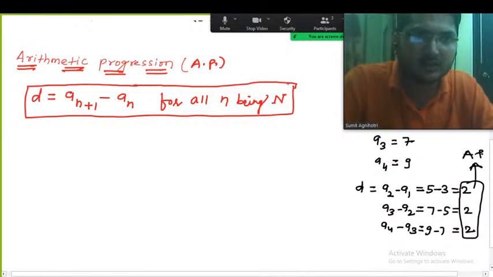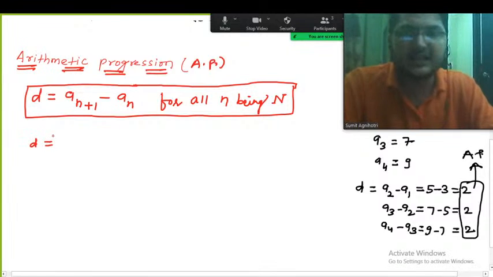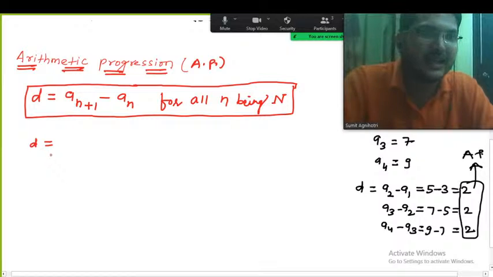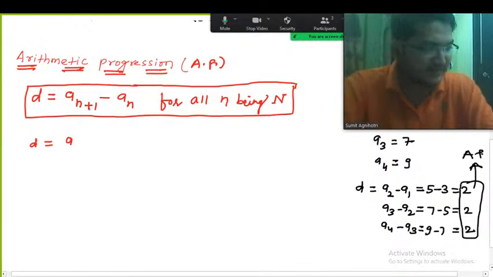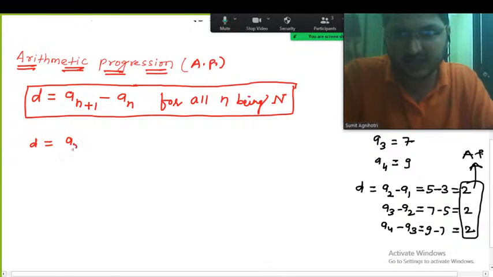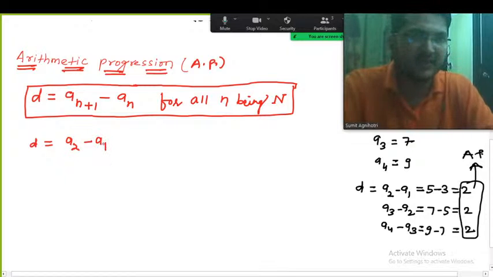Now, if you want to figure it out for some of the values, you can just substitute some natural numbers over here. Let's say we are substituting n being 1, we will get n plus 1, that means 1 plus 1, we will get a2, and with n equal to 1 we get a1, so a2 minus a1.